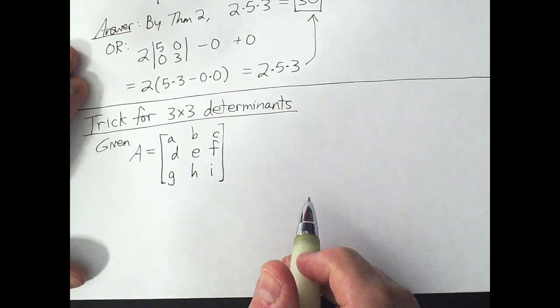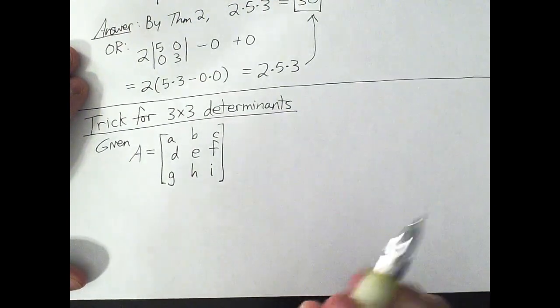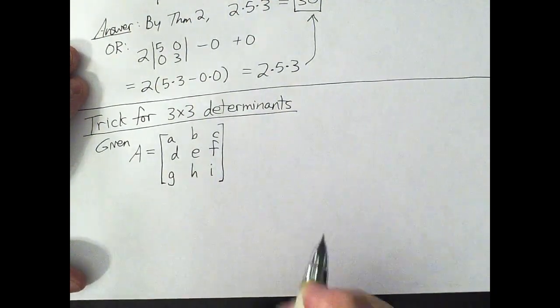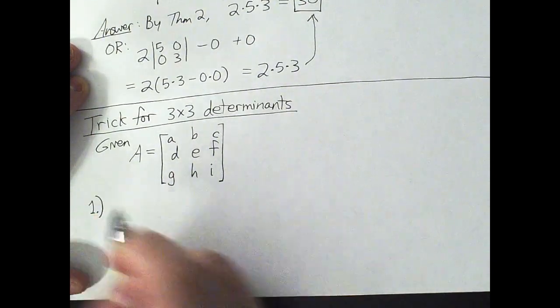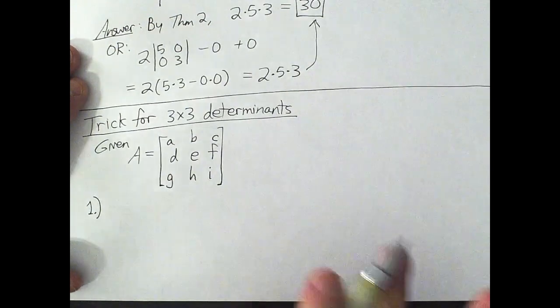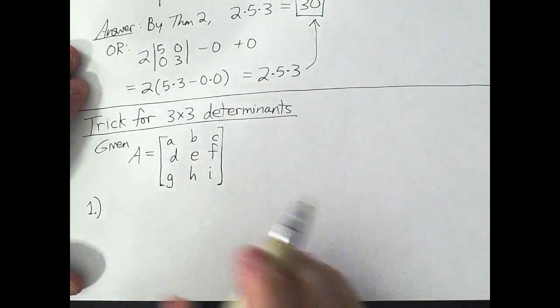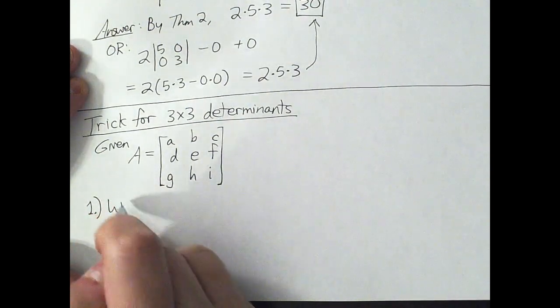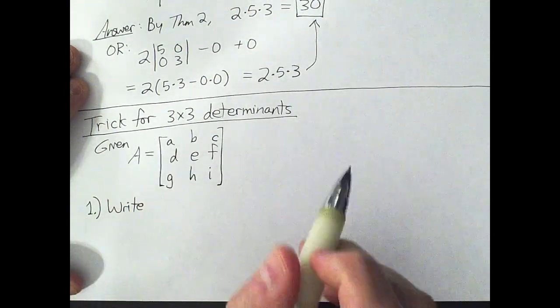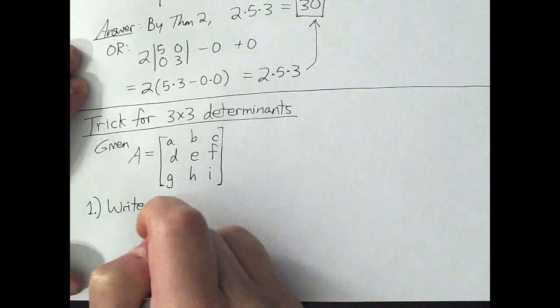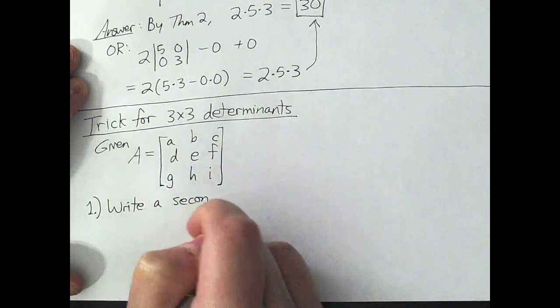So I'm going to show you a 3-step process, okay? This might seem weird to you. Some students like this method and some students don't like this. It's not a method that you're required to use, but let's see if you like this method or not.